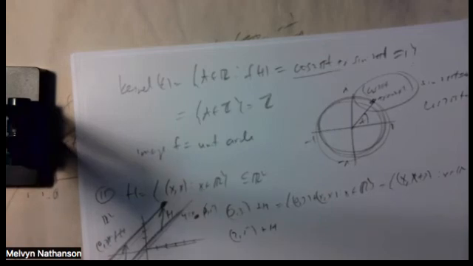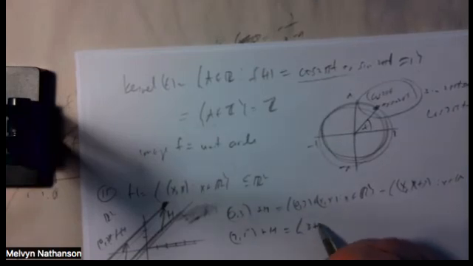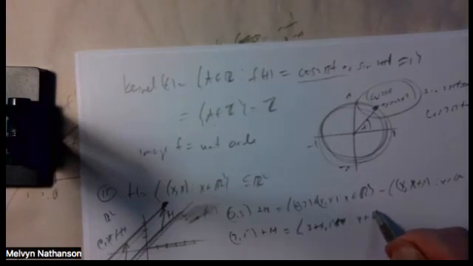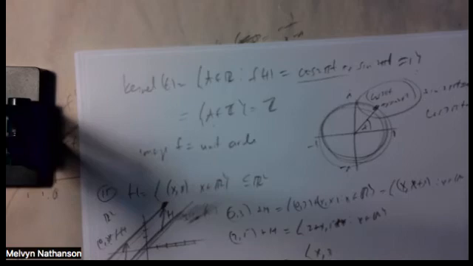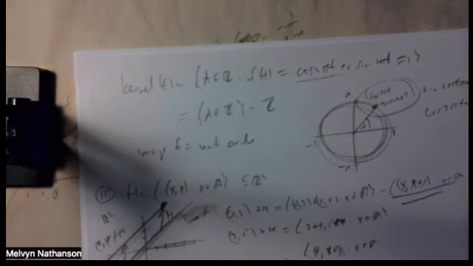That would have been (5, 2). So (2, 5) plus H would be everything in the form (2 + x, 5 + x), or (x, 3 + x), x in R. That's exactly this. So the coset (0, 3) plus H equals the coset (2, 5) plus H.